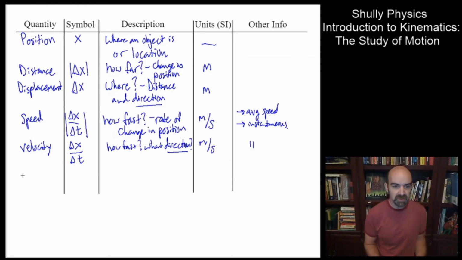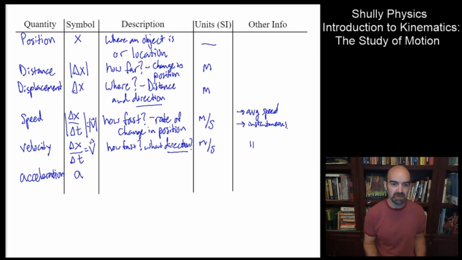And finally, we get to a quantity called acceleration. The symbol is A, A for acceleration. I've missed one here. The symbol for velocity is V. Speed, you might put an S down, but speed we should call the absolute value, the magnitude of the V vector.